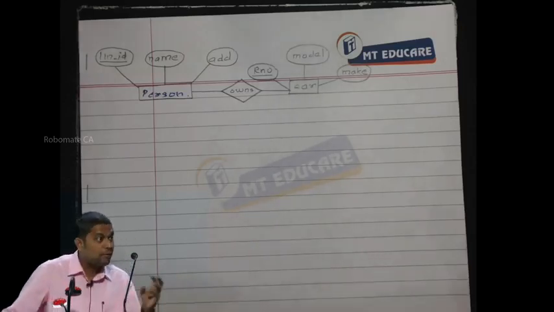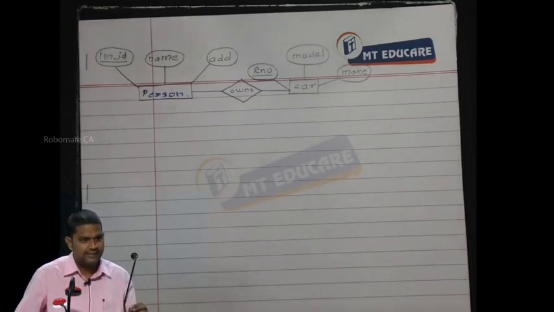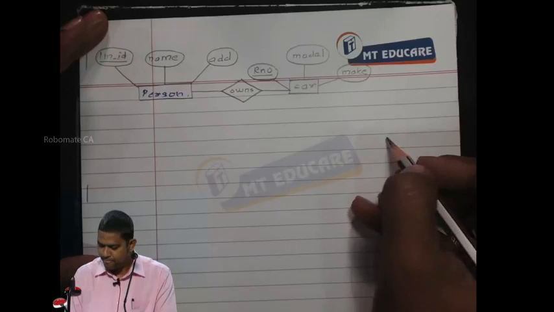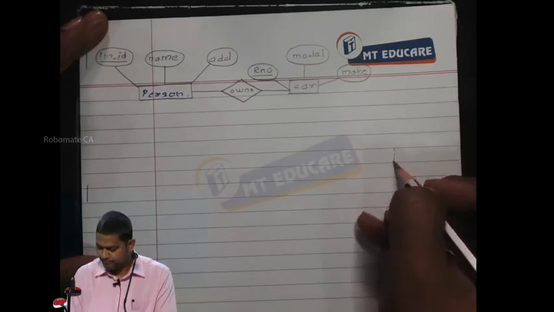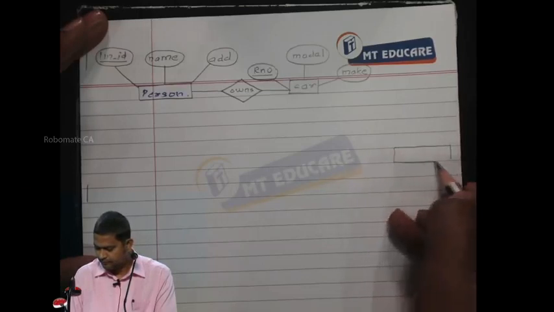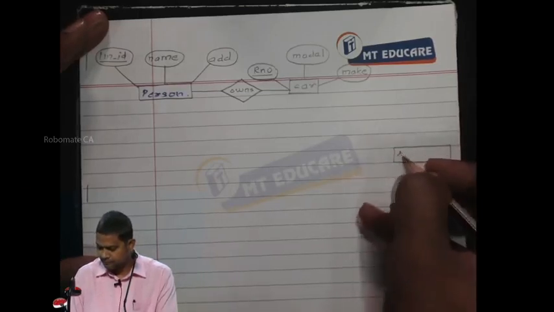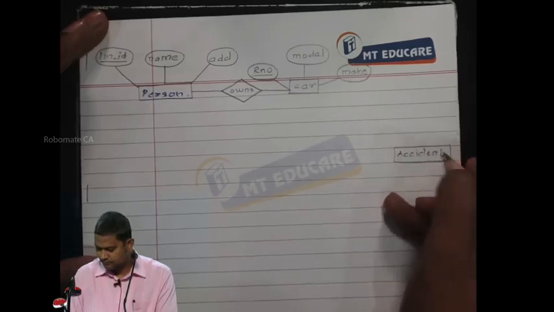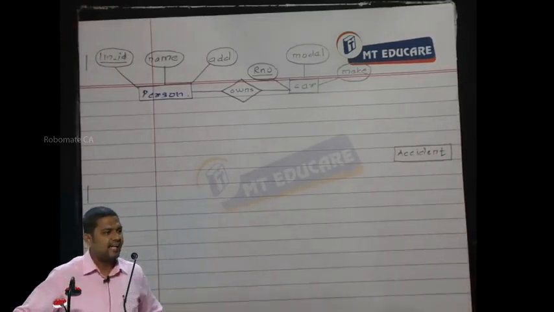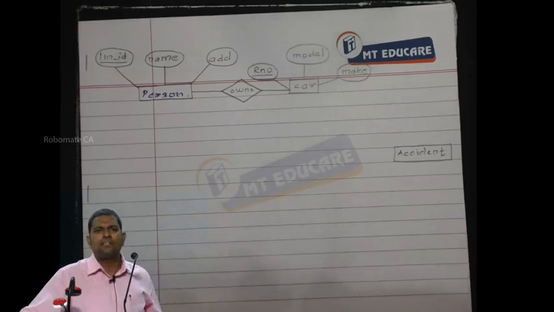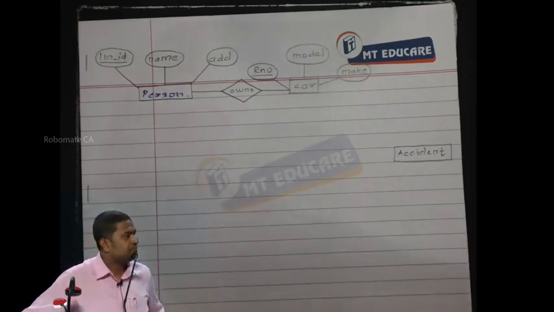Now let's talk about one more event, and that is accident. An accident is an event. Yes, that is visible. And because it is visible, we can also call it an entity.